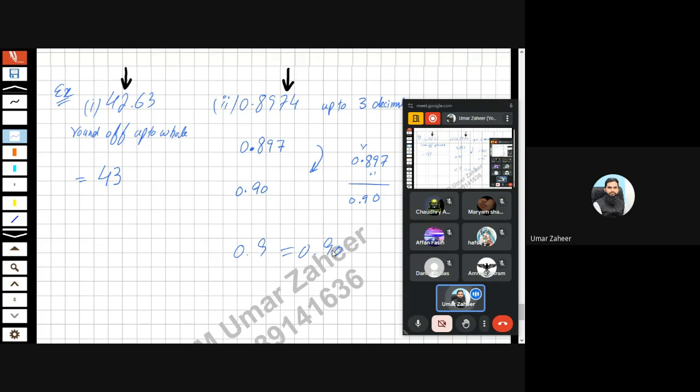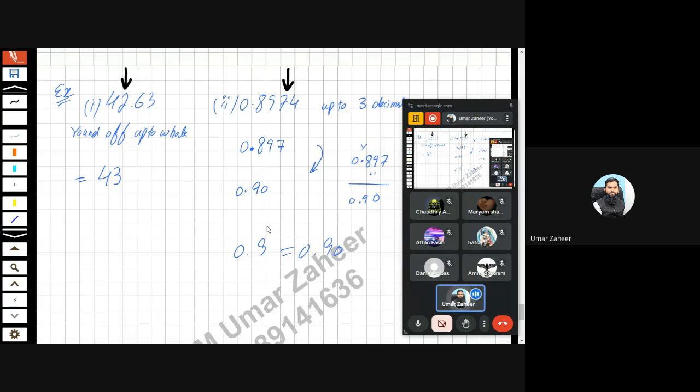But if the examiner says that you have to write up to 2 decimal places, and you write this answer, you will lose 1 mark. So we have to include the zeros after the decimal point according to the given condition. It depends upon the given information.